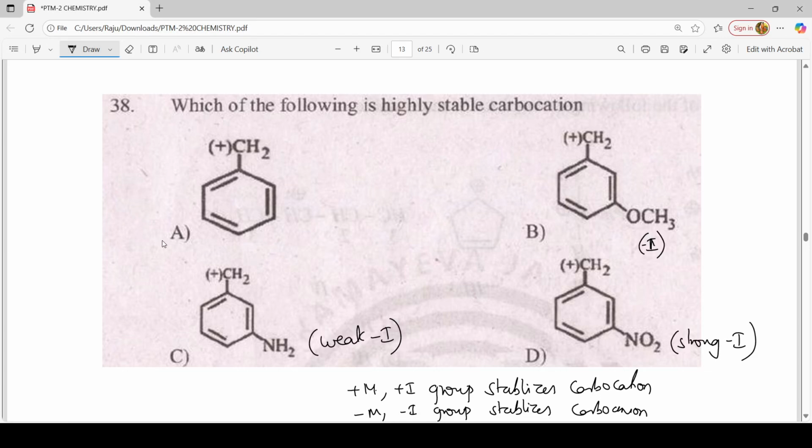In the case of option A, there is no plus M group, no minus M group, no minus I group, no plus I group. If you make a relative comparison with the rest of the three, this benzyl carbocation is more stable. So the benzyl carbocation is more stable.